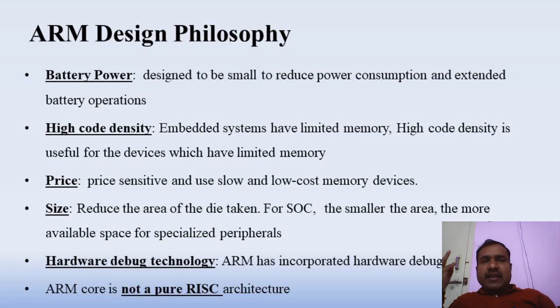The second quality which popularizes ARM is high code density. In embedded systems, the systems are designed to be memory constrained. That means they will have limited memory. If the code density of a processor is higher, it will have more space for storing files.